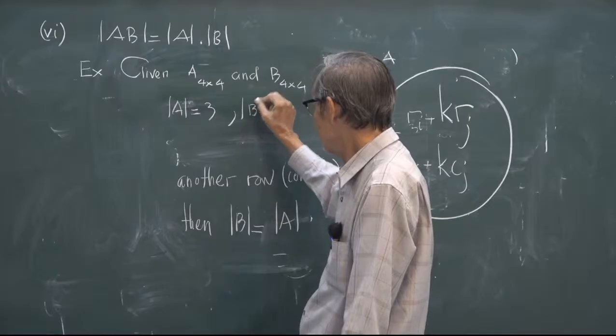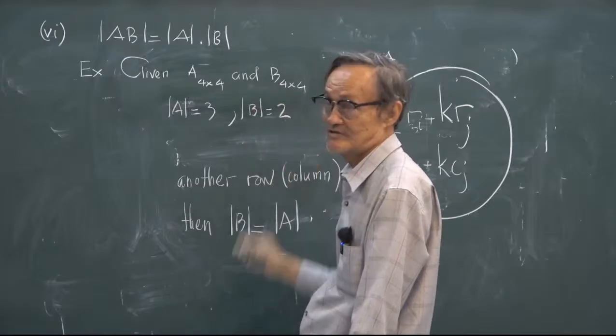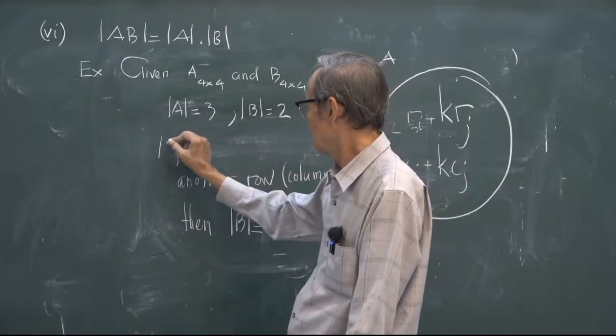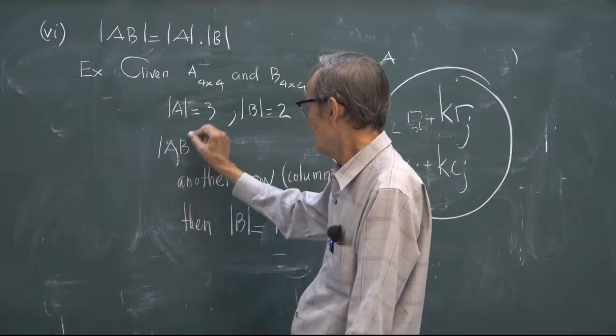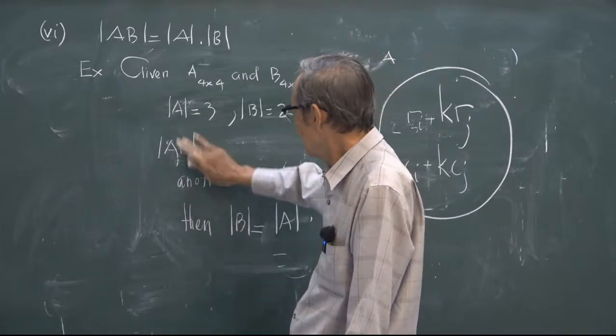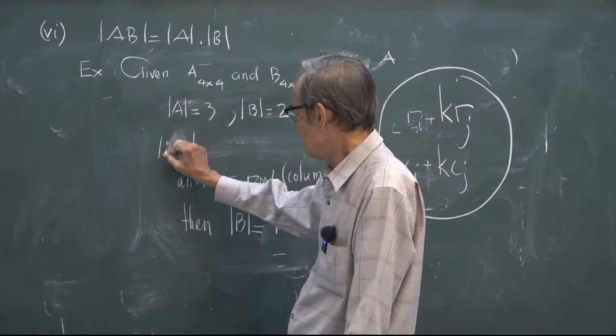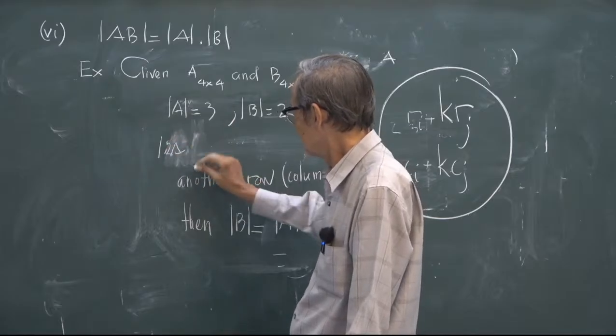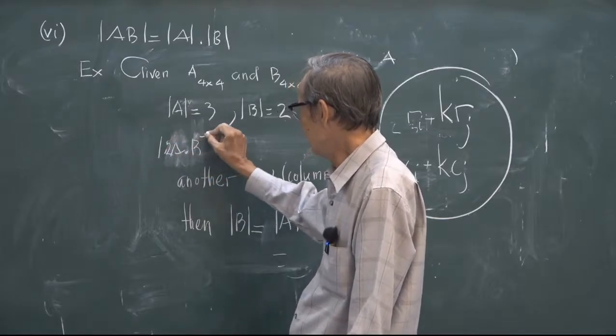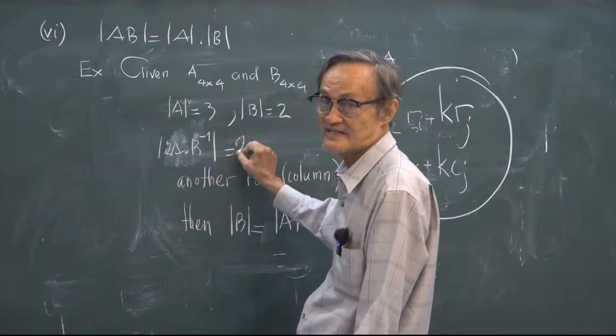The determinant of B is 2. The question is, what is the determinant of 2A times B squared times B inverse?